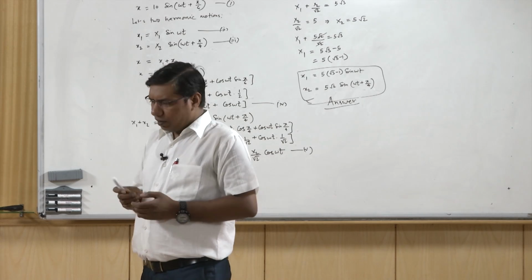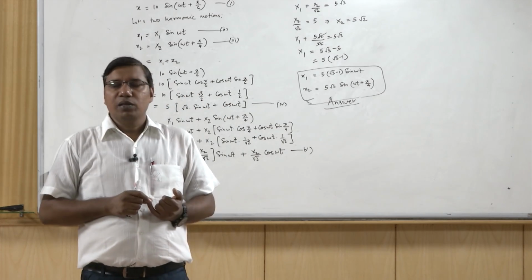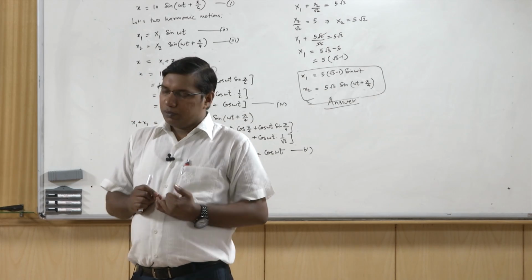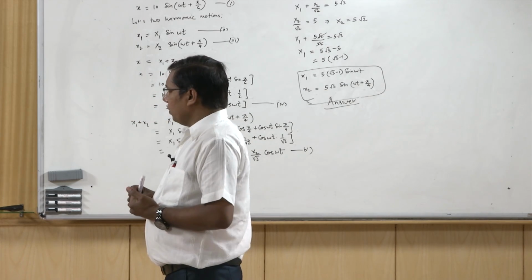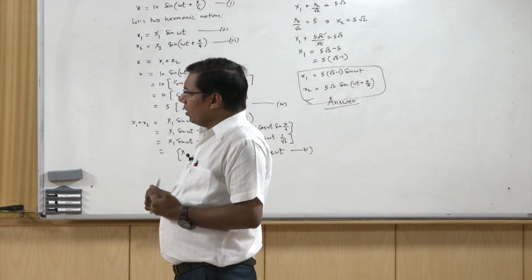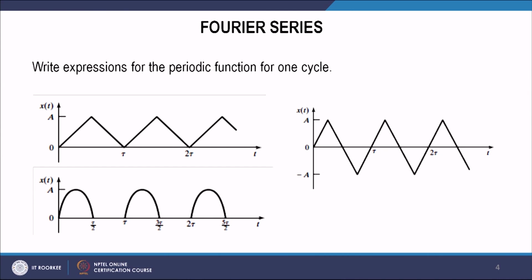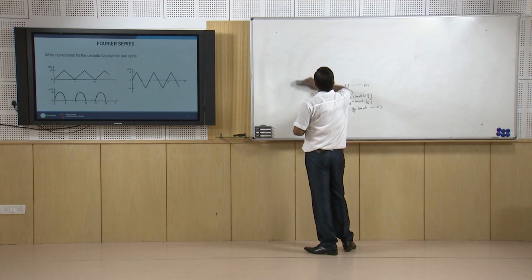So the first step is to write a proper function of a periodic function. Here we have different types of periodic functions. So first we have to know how to write these periodic functions. So we will discuss, for example, problem number 1.